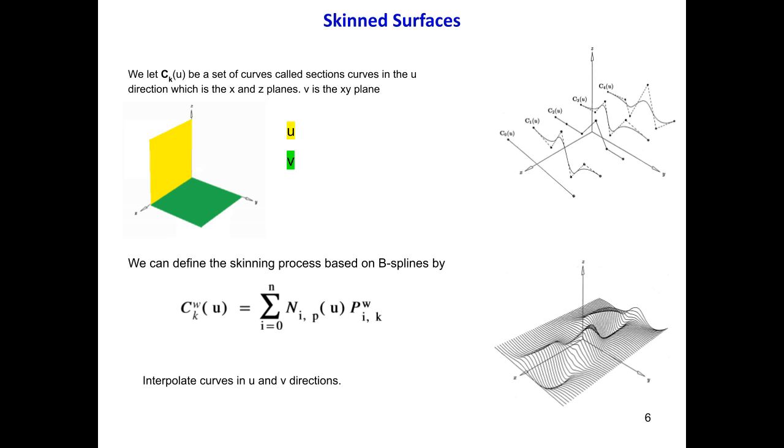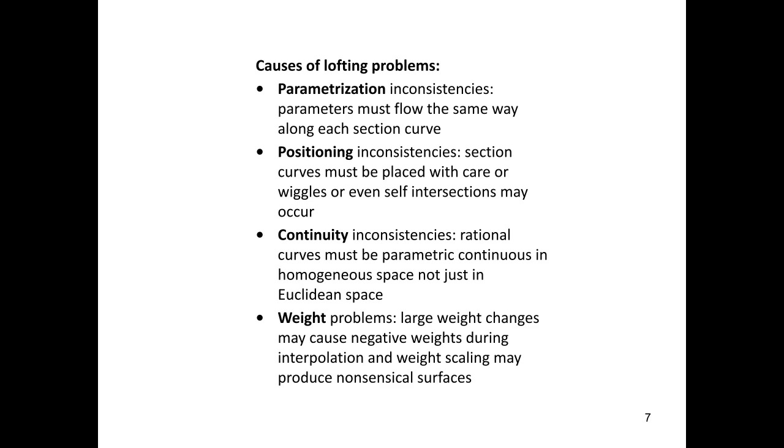And from here, interpolation occurs in the U and V directions. Now, I wanted to bring this up at the beginning. I feel like these four things here, parameterization, positioning, continuity, and weight, are very important concepts, not just in geometrical modeling, but also in a lot of math problems in science in general.